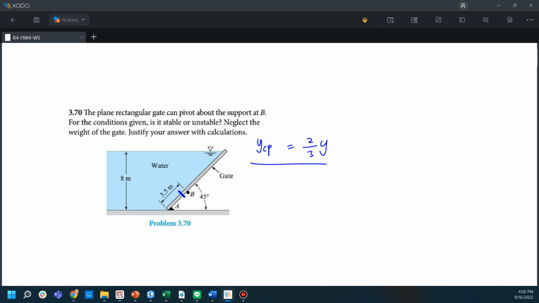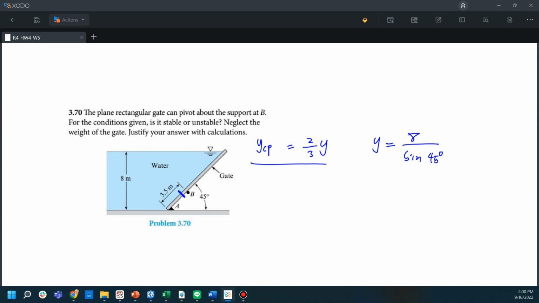So if you know this relationship, Y equals 8 divided by sine 45 degrees, then you have the solution.